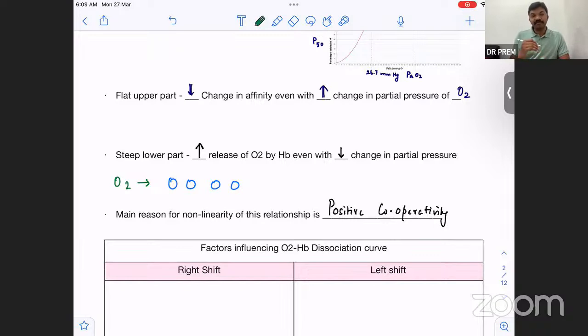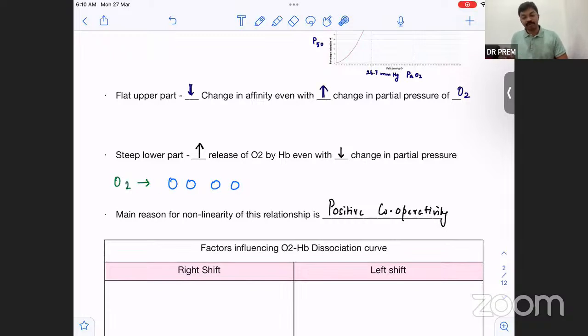Usually, the affinity of heme for oxygen is very less.